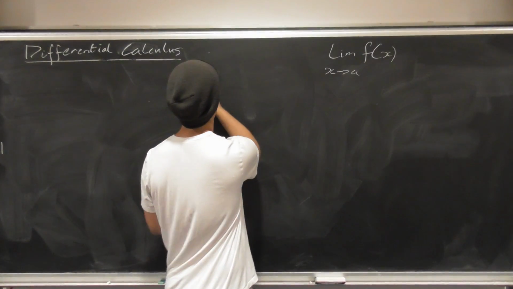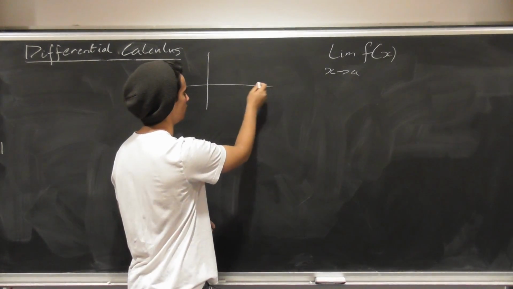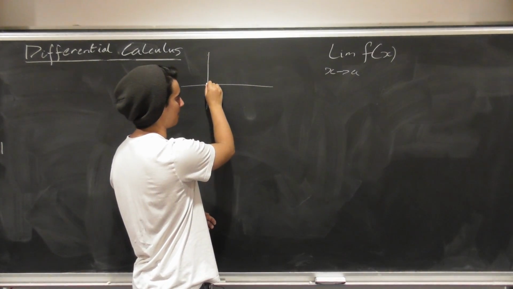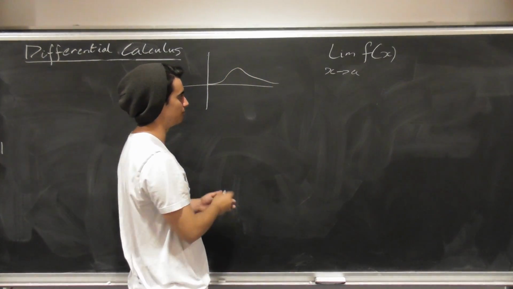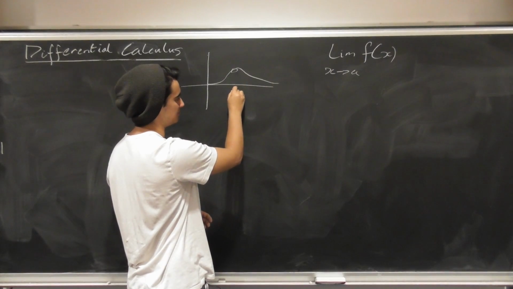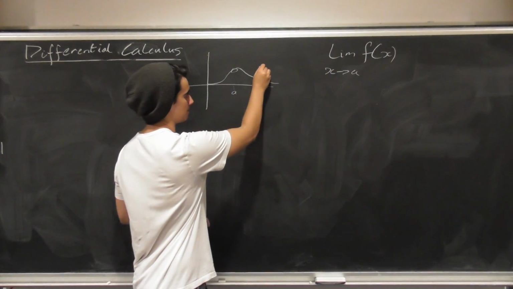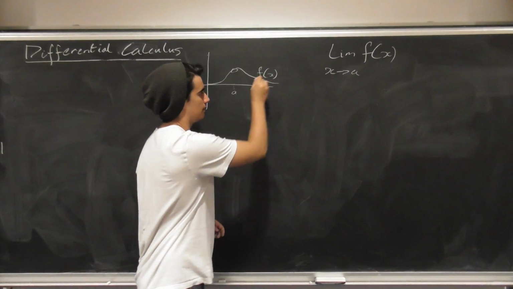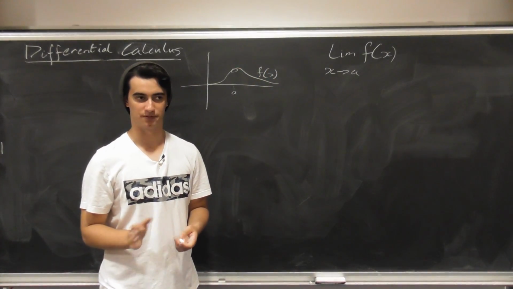So if we have some graph, let's say here, where the function looks quite normal, but at a certain point here, it's not defined. That we say a. Now, if we evaluate this function f at the point a, it'll spit out something undefined.